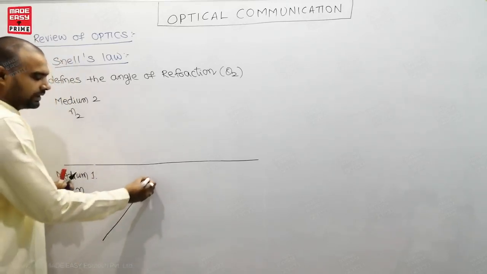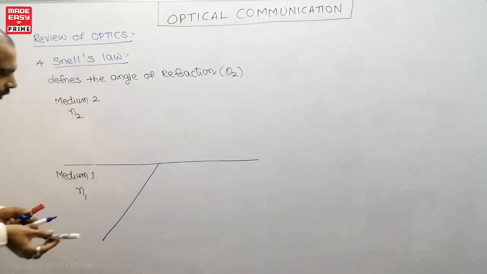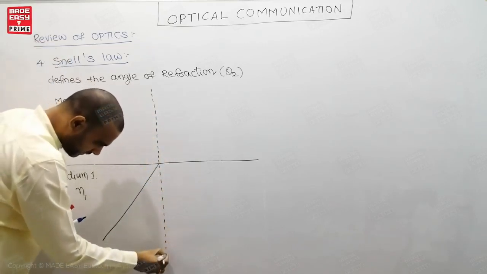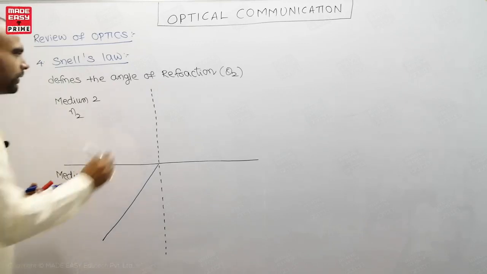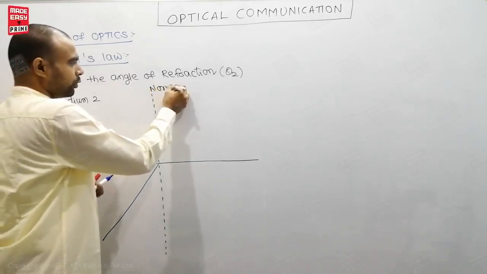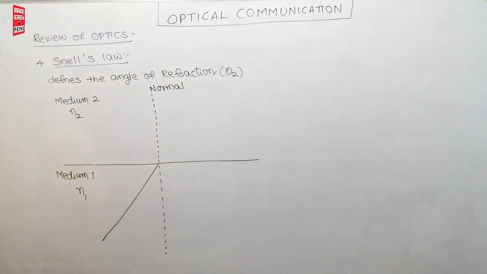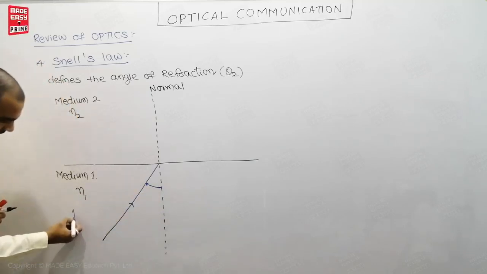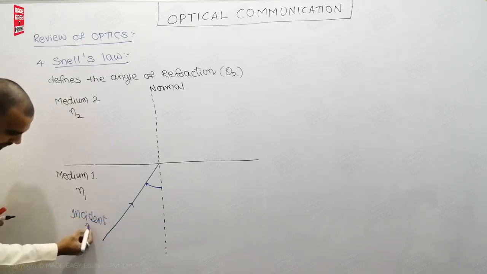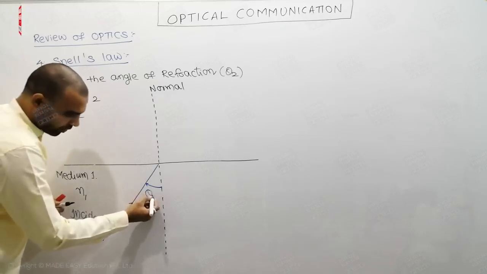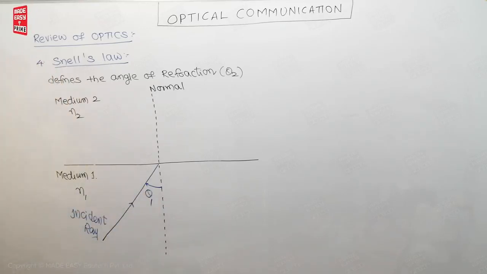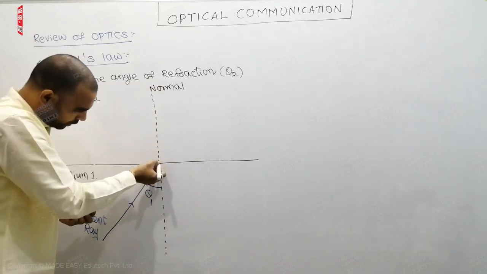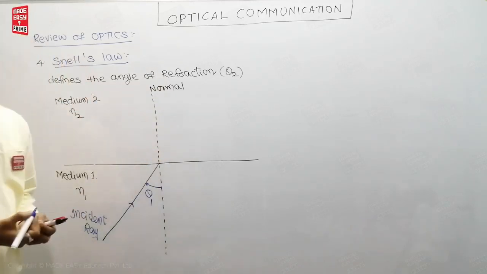Once the light ray is incident, the line drawn exactly perpendicular to the point of incidence of light is called the normal. This is called the incident ray, and this is called theta 1, the angle of incidence. So the line drawn exactly perpendicular to the point of incidence of light is called the normal.